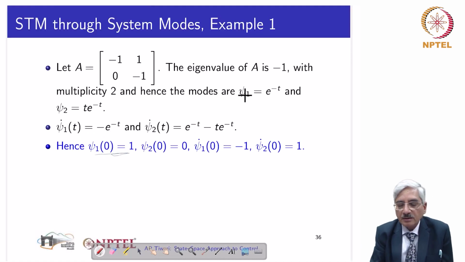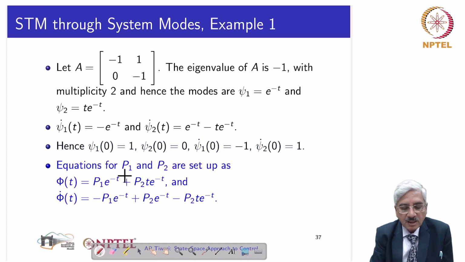Psi 1 0 will be 1, psi 2 0 will be 0, psi 1 dot 0 will be -1, and psi 2 dot 0 will be 1 minus 0, which is 1.